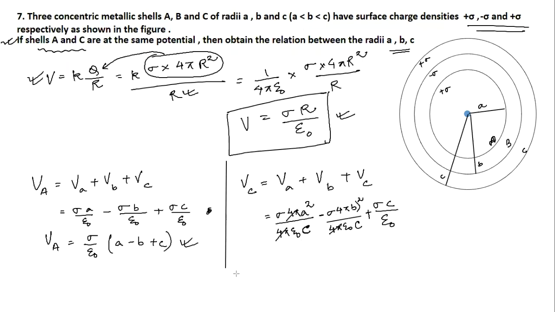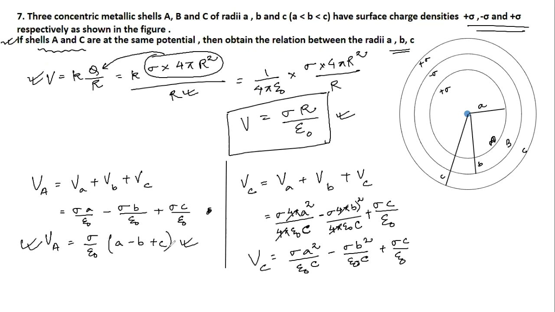If you cancel 4 pi, you get sigma A square by epsilon naught C, and here you get sigma B square by epsilon naught C, and here you get sigma C by epsilon naught. Okay, so these are our two potential values, this is my VA, and this is my VC.